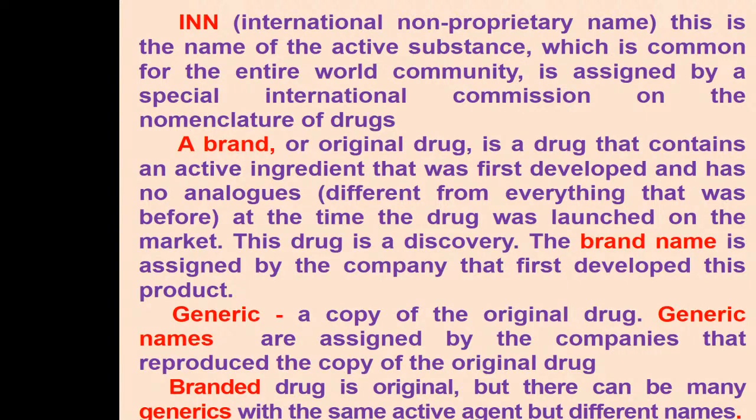INN. One and the same INN for this substance in all countries and forever. After brand name. Brand or original drug is a drug that contains an active ingredient that was first developed and has no analogs.